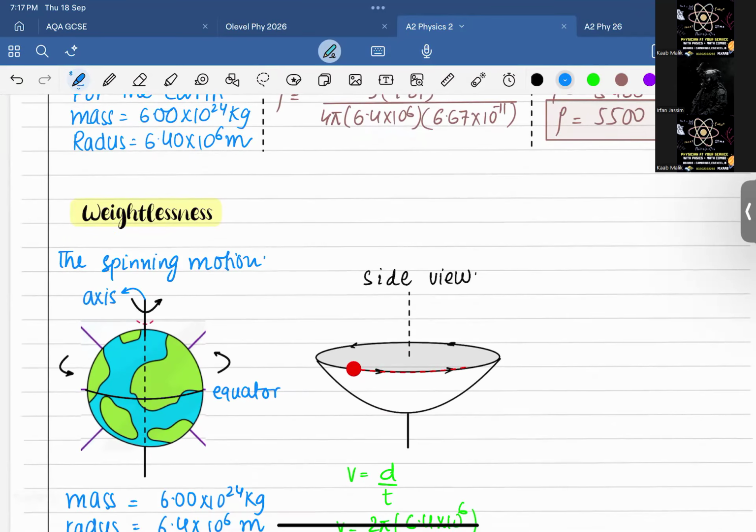Now, if the earth is spinning with this speed, obviously the object is going to experience some sort of centripetal force because it is completing the circular motion, right?